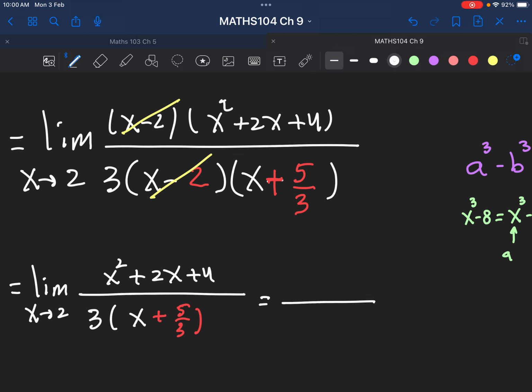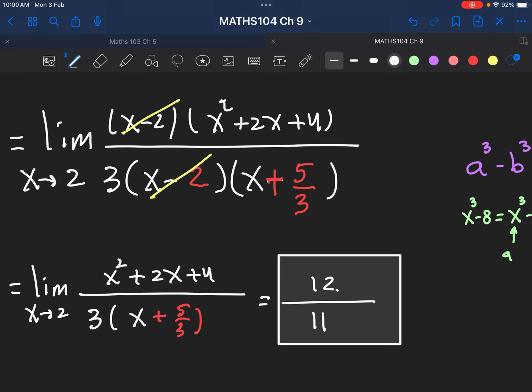Final step, we only need to substitute 2 instead of x. If we do that, this will be 2 squared plus 2 times 2 plus 4, and this would give us 12. If we do the denominator, it will be 11. So the final answer is 12 over 11, and that should be the limit here.